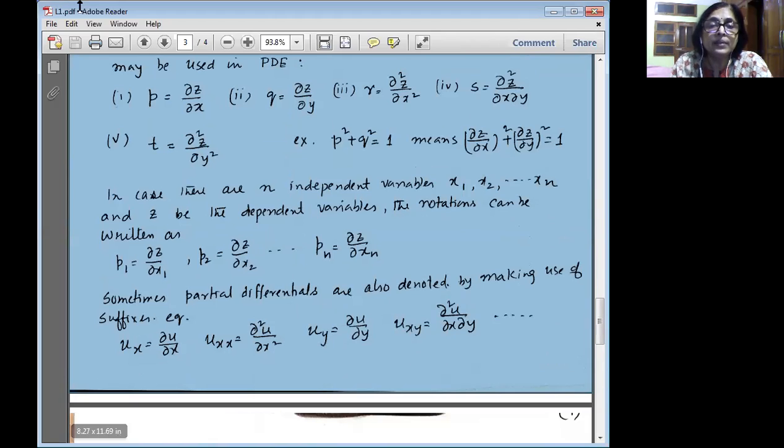If you have a dependent variable u, then u suffix x represents del u del x, u xx represents del 2 u del x 2, u y represents del u del y. Similarly, u xy represents del 2 u del x del y, the second derivative of u with respect to x and y. So these are the notations you will come across in all types of partial differential equations as we go along in your course.